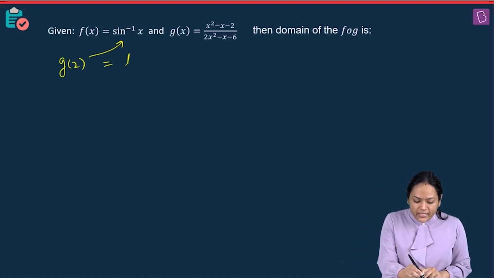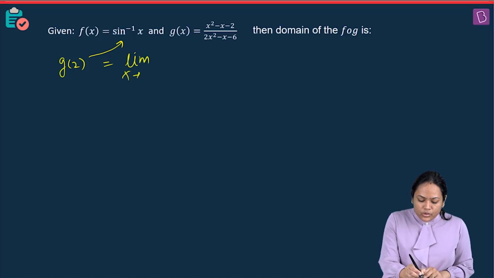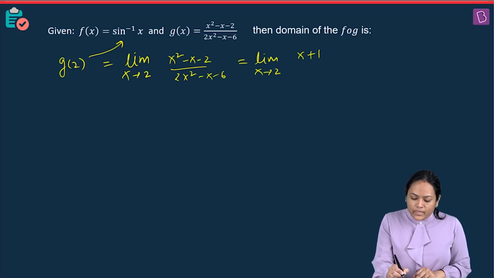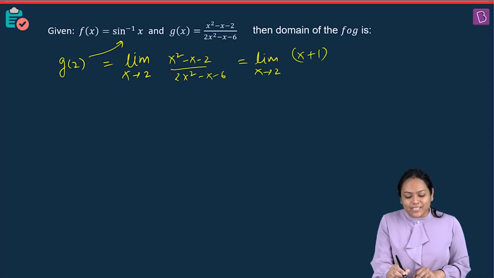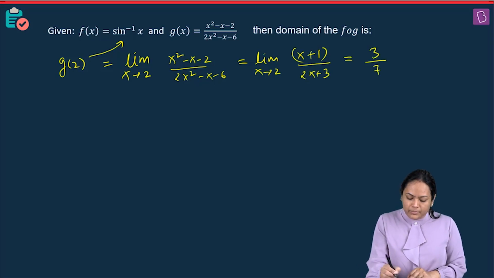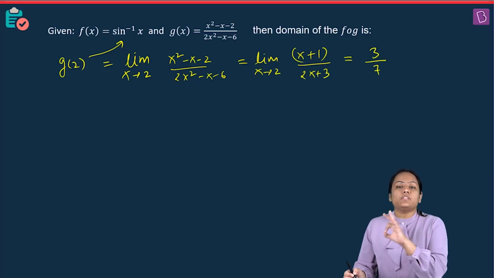They have already defined its limit as x approaches 2 of g(x), that is (x² − x − 2)/(2x² − x − 6). And we have already cancelled the common factor: (x − 2) got cancelled, and left with us is (x + 1)/(2x + 3). When I put x as 2, it becomes 3 divided by 7. So g(2) is 3/7.